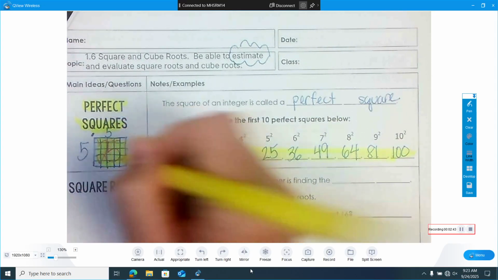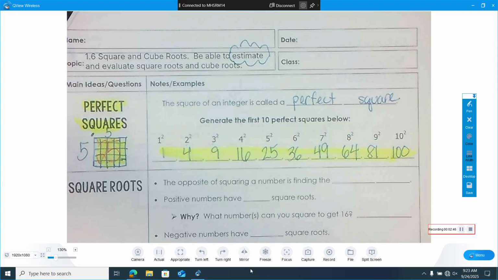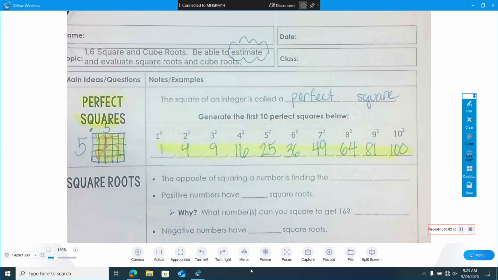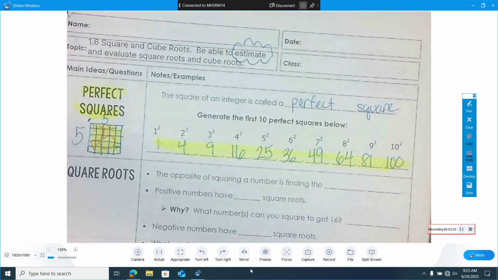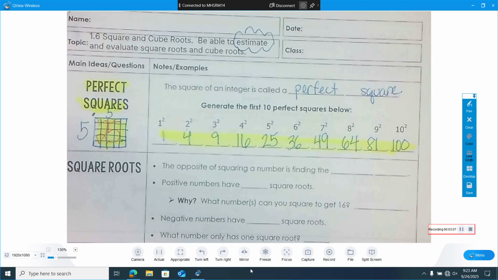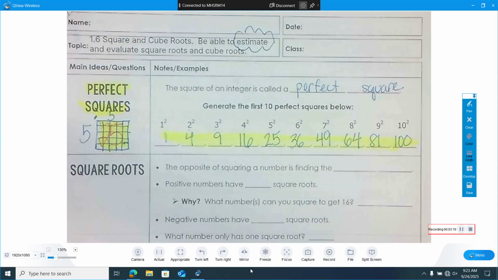A perfect square. It's a perfect square because it's 5 on one side and 5 on the other. And what shape is that? It's a square. You can do that for all of these numbers. 49 forms a perfect square of 7 by 7 on the sides. So they are literally called perfect squares because you can arrange 49 little unit cubes in a perfect square.